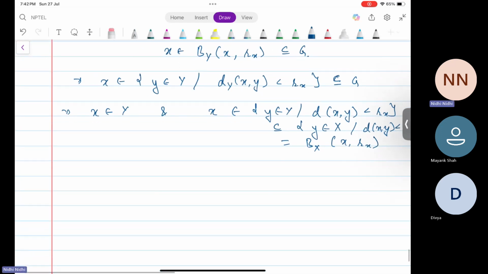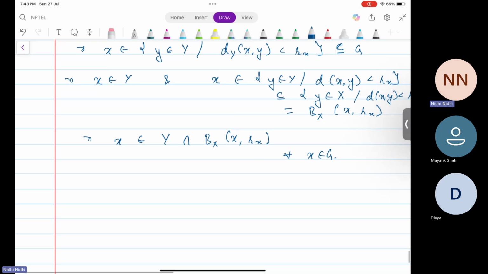So this means x belongs to Y intersection B(x, r_x) for any x in G. This element x in G was arbitrary.